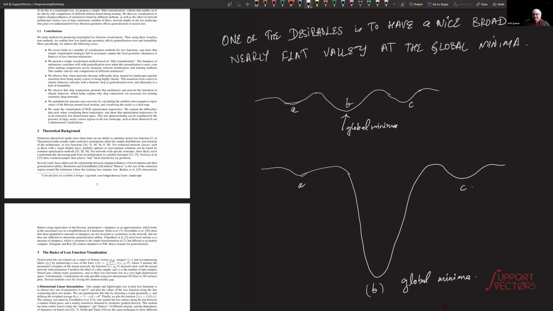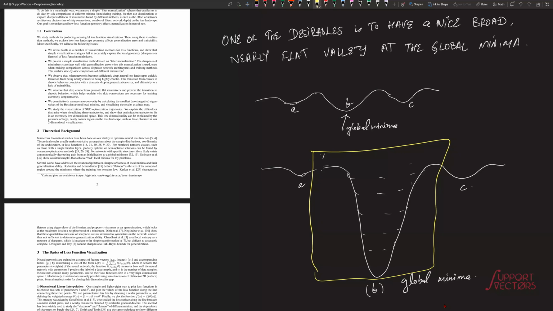And not only that, observe a nice property. Even though I'm showing the loss in one dimension, you can imagine that there's actually a multi-dimensional surface, and so forth. But observe this part of it, a region. I'll just sort of box it in. Look at this region, more or less this part of the region. What happens?